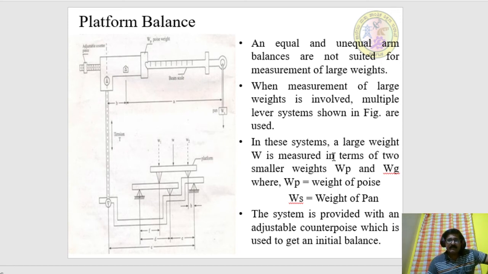In this system, a large weight W is measured in terms of two smaller weights, WP and WS, where WP is the poise weight and WS is the weight of a pan. The system is provided with an adjustable counterpoise, which is used to get an initial balance.